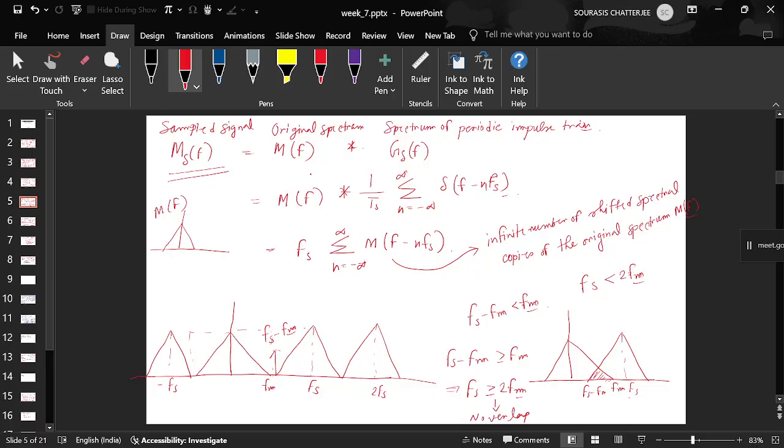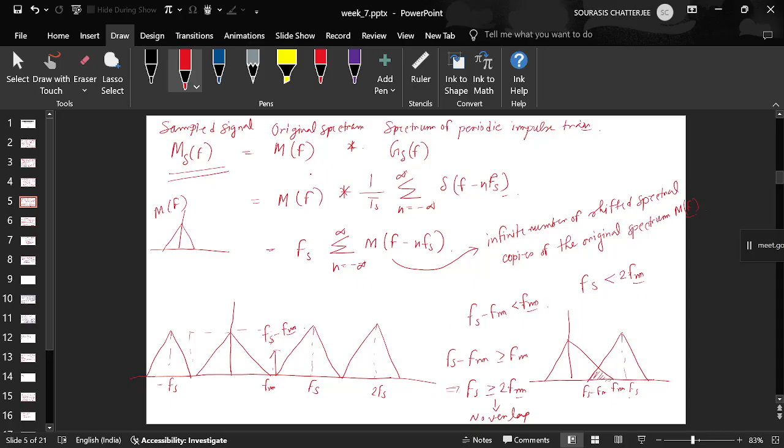This is the first shifted version by the frequency Fs, right? So this part here will be at Fs minus Fm, and this one, the unshifted baseband component, reaches here at Fm. So what happens is that this point comes on the left-hand side of this point, as shown here, that Fs minus Fm is less than Fm.